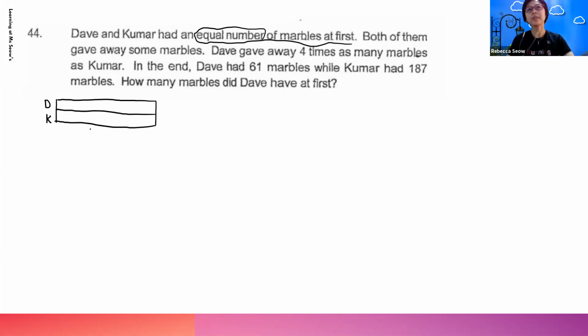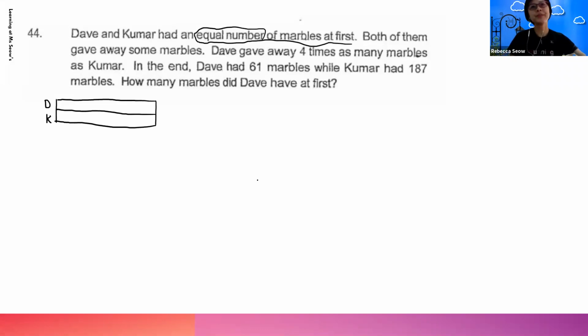Yep. So both of them gave away some marbles. The question is not very clear about how many marbles they gave away, but it's just some marbles. So Dave gave away 4 times as many marbles as Kumar. So how are we going to draw it like that?